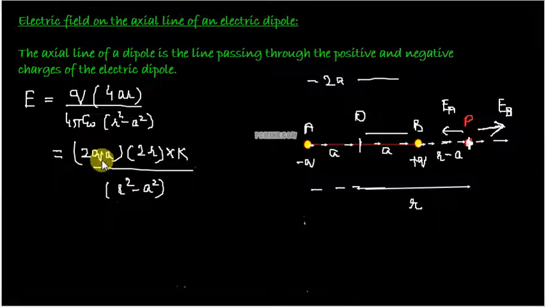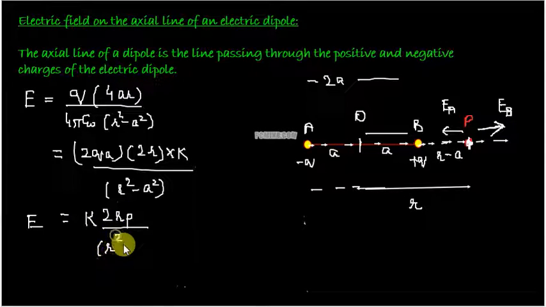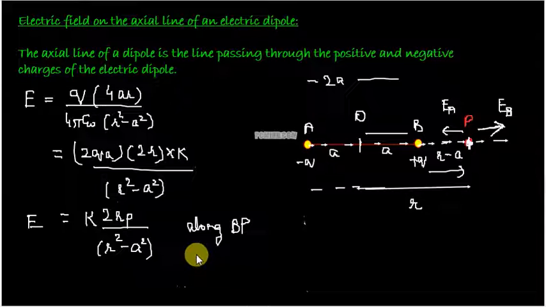Now I know that 2qa is the dipole moment p. Therefore the result is E equals k times 2rp upon (r square minus a square) whole square, and the direction of this field is along BP. That's the net electric field on the axial line of a dipole.